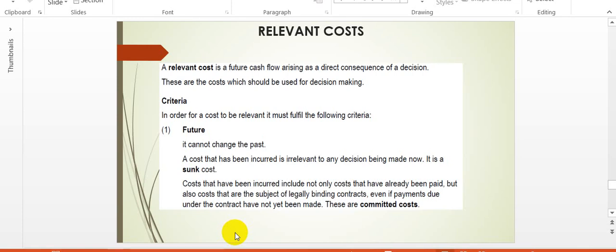Because it is a future cash flow, then it will have a bearing on the decision which is to be made. A cost which has already been incurred cannot be a relevant cost because it has already been incurred, so you cannot do anything about it.